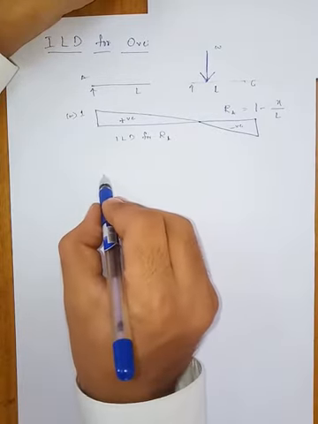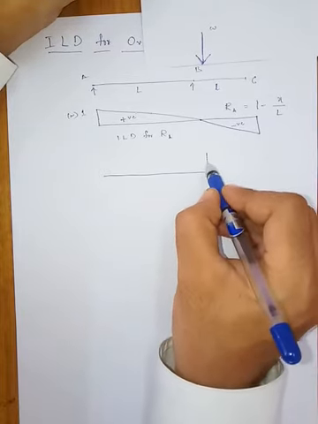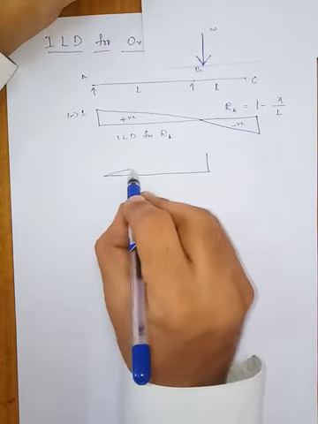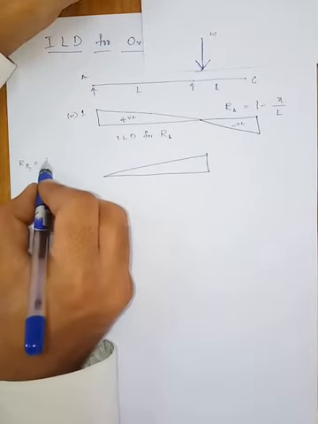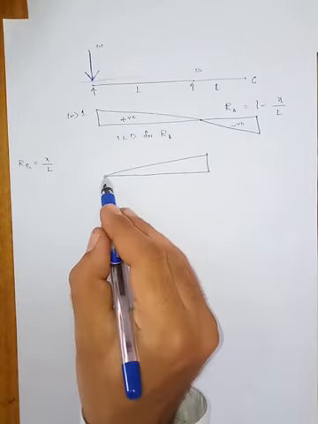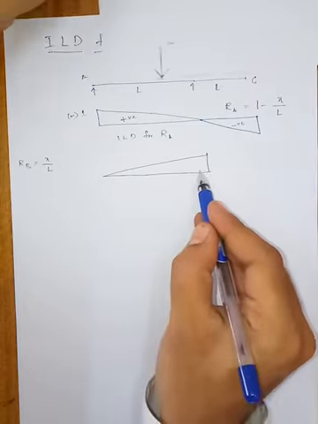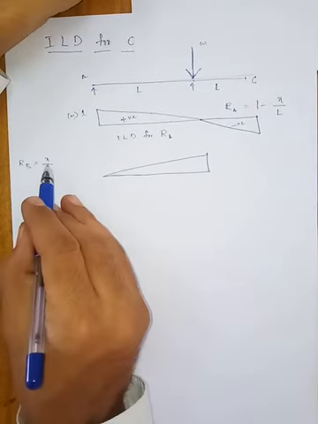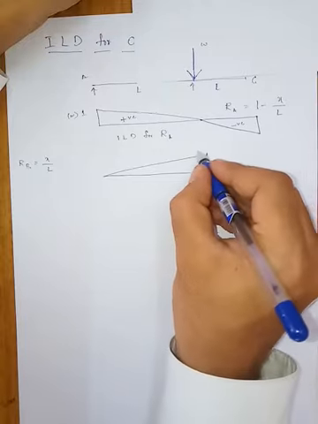Similarly, if you write down the ILD for RB, till here it is 1 or W. RB is equal to x upon L. When x is 0, the ILD for RB is 0. When x becomes L, L by L is 1, so it becomes 1 or W, whatever the load is.